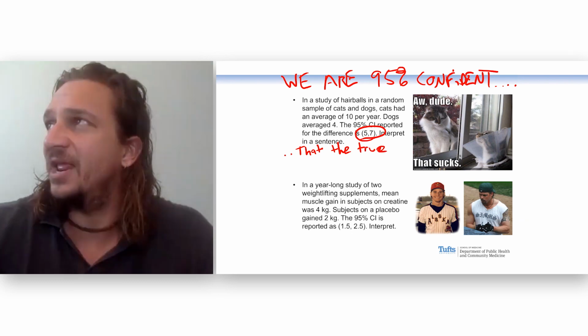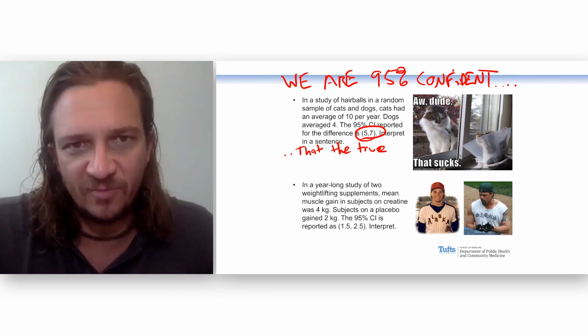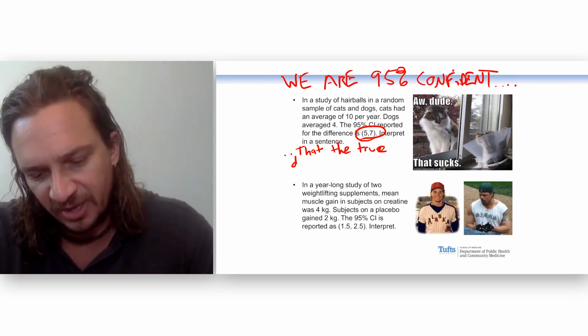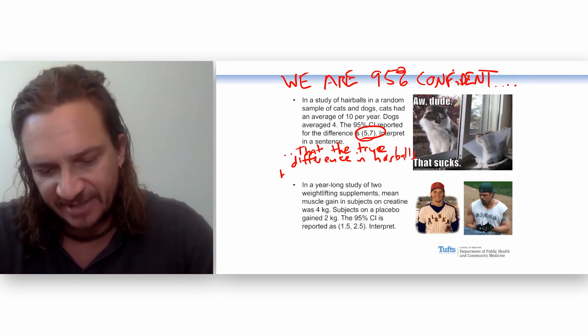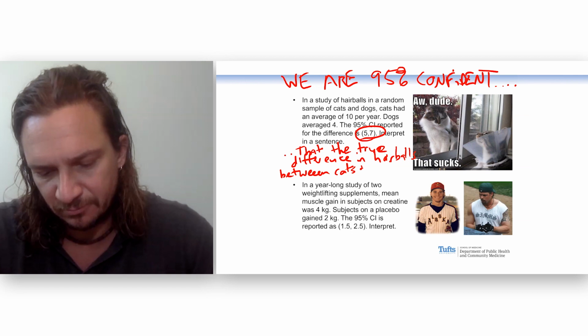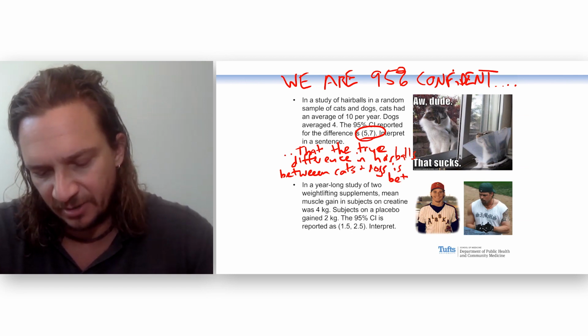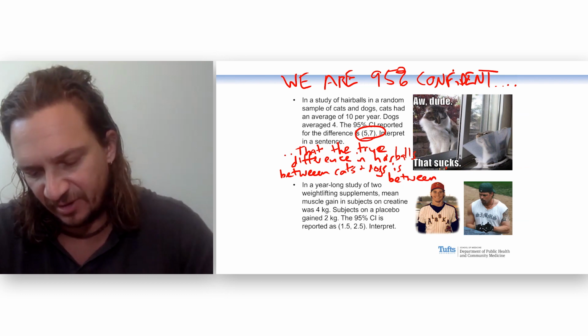I'll write an incorrect interpretation first. We are 95% confident that the true difference in hairballs between cats and dogs is between, and here we put our confidence interval, 5, 7.